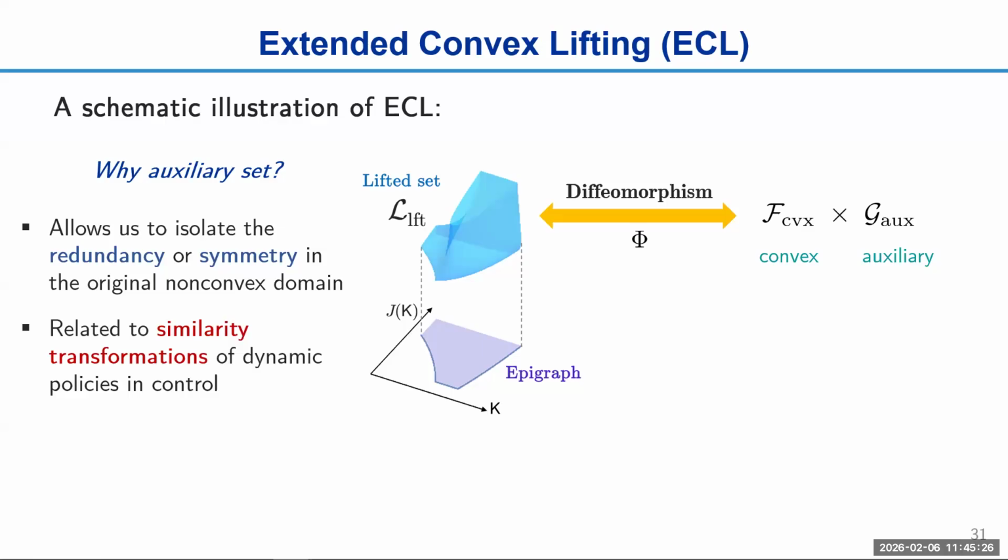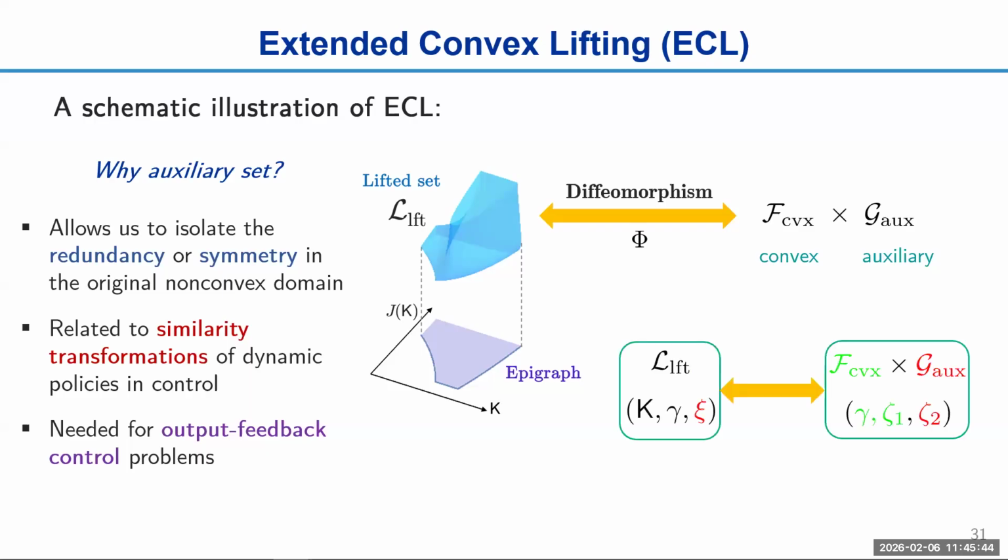And in control, this is related to the coordinate change of your dynamic controllers. And this is really necessary when we try to analyze output feedback control systems. So this is not redundant when we try to analyze output feedback control problems, for example, LQG. So formally, we have this lifted variable, and then we have this connection between a convex set and some other variables.